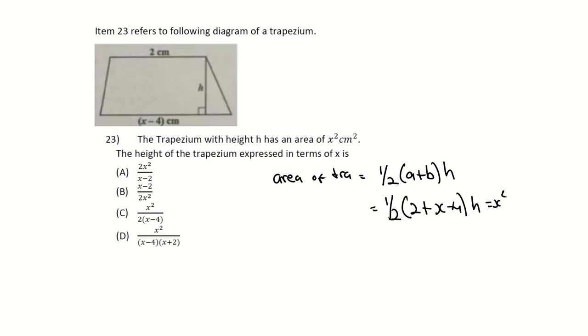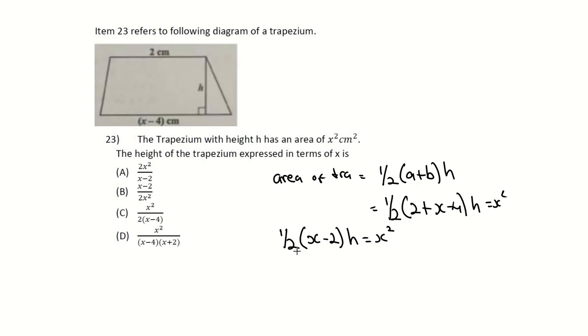Let's solve what we have here. 2 minus 4 is minus 2, so half (x minus 2) h is equal to x squared.